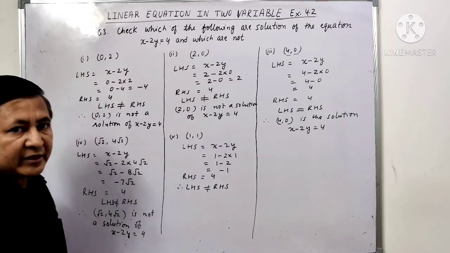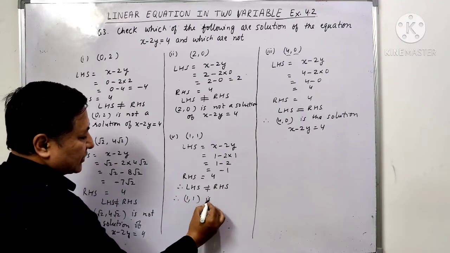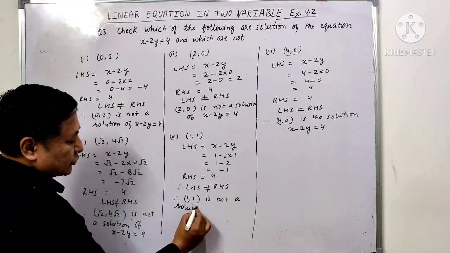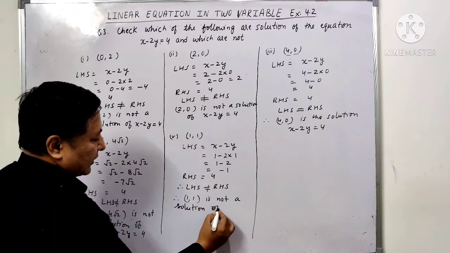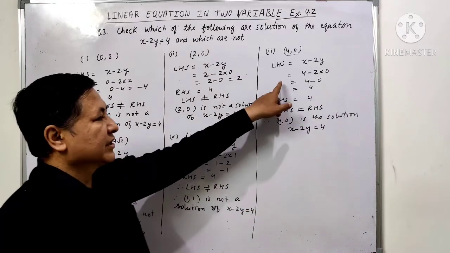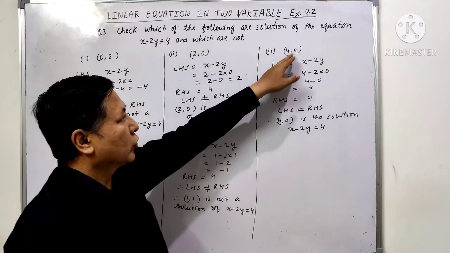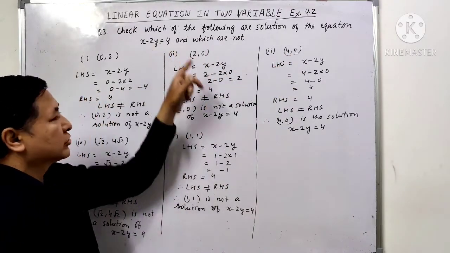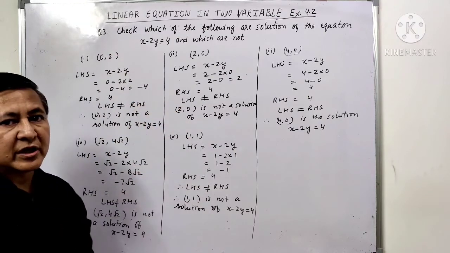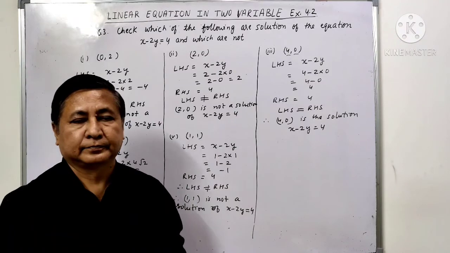Therefore we can say that (1, 1) is not a solution of x minus 2y equals 4. Only in the third case we can see that the left hand side and right hand side are equal. So (4, 0) is a solution of x minus 2y equals 4, whereas the rest are not solutions of x minus 2y equals 4.